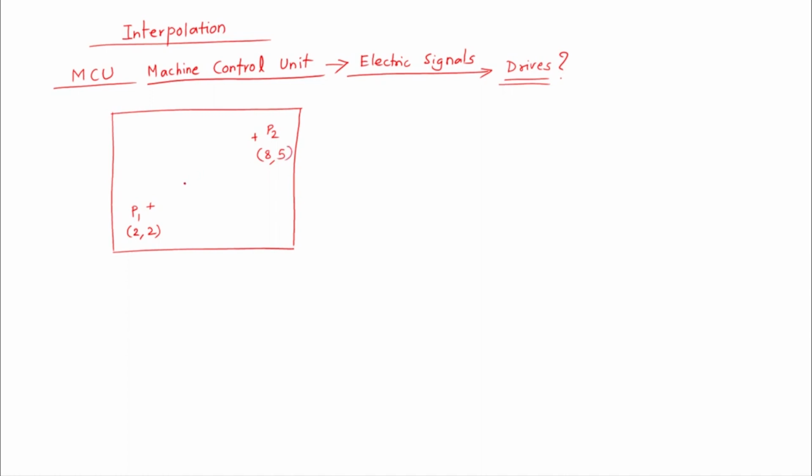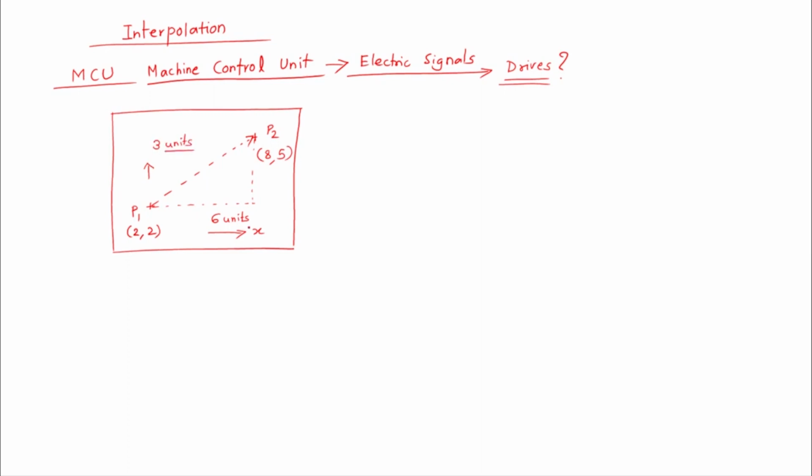Now we need to ask the controller to move from point P1 to point P2. So along the X direction there is a movement of 6 units, and along the Y direction there is a movement of 3 units.